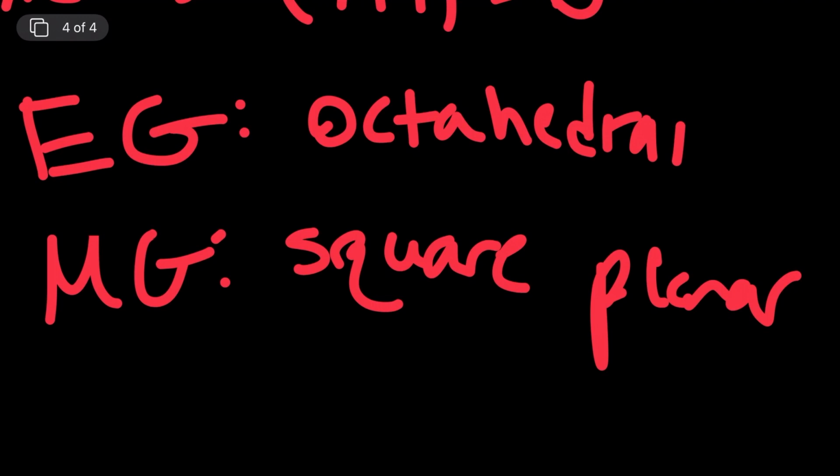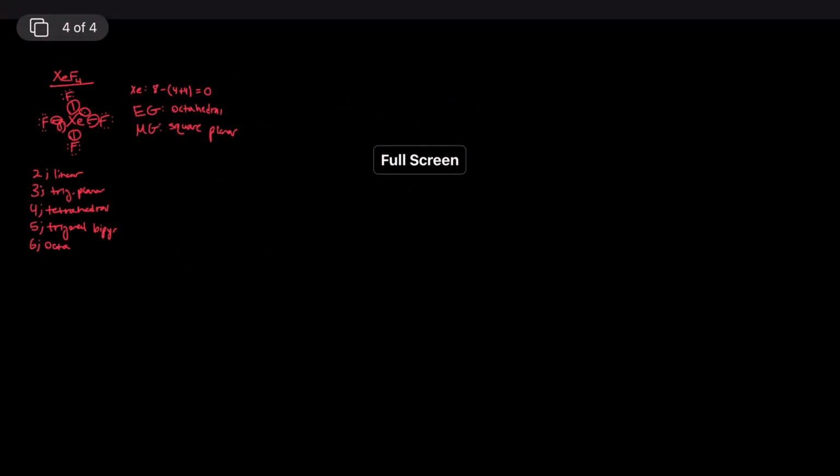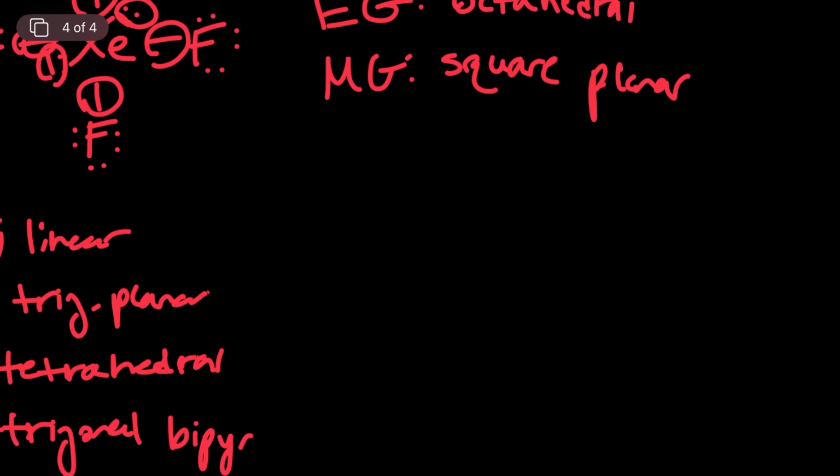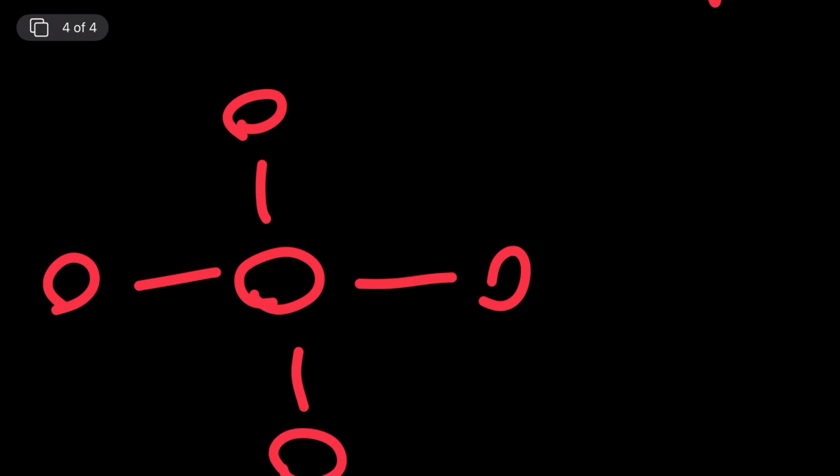And this is once again just due to pure memory and going over the charts, which I would heavily recommend. But one reason I can give for why this is square planar is because when you have an atom over here and four things bonded to it, when you have something pushing down here, these bonds are going to get pushed down.